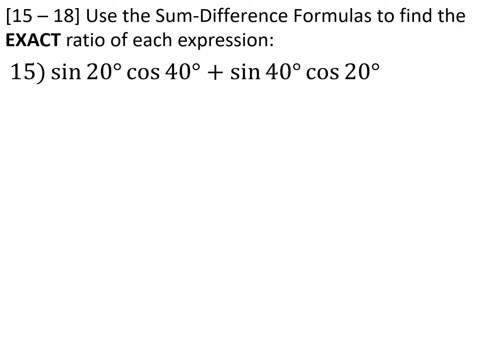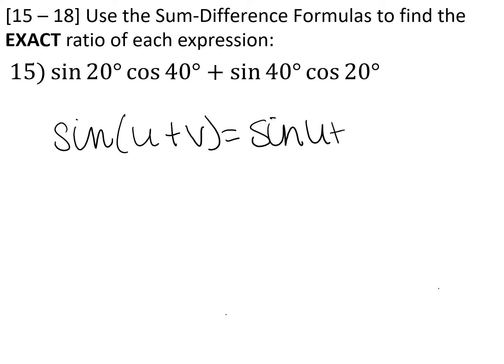All right, so for 15 through 18, we're using sum and difference formulas. And so I see here sine and cosine, and I'm reminded of this identity that says sine of u plus v is equal to sine u cosine v plus sine v cosine u.